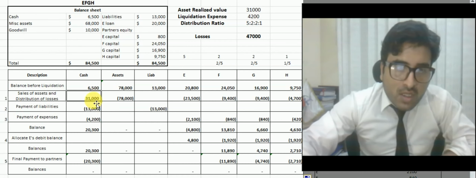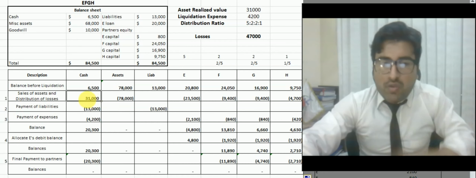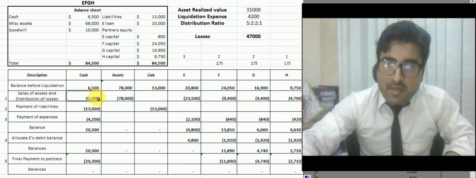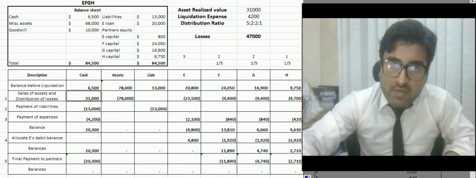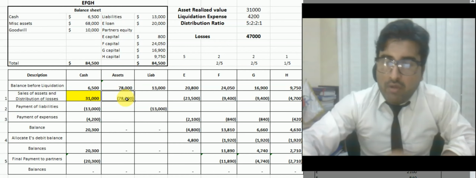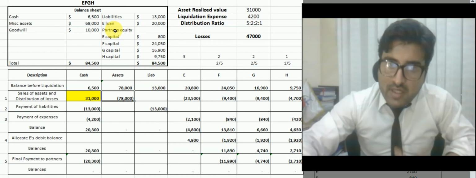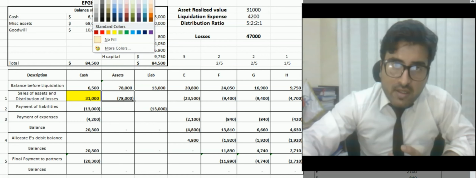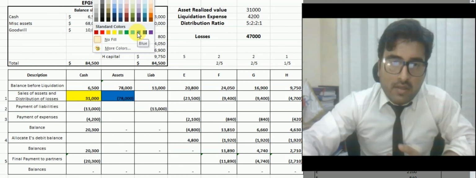Okay, so does cash increase or decrease here? Cash increases, right? Positive value. So increase is what? Debit. And any value which decreases, which is credited, make it credit. So make it red, right? And make it this blue color, right?